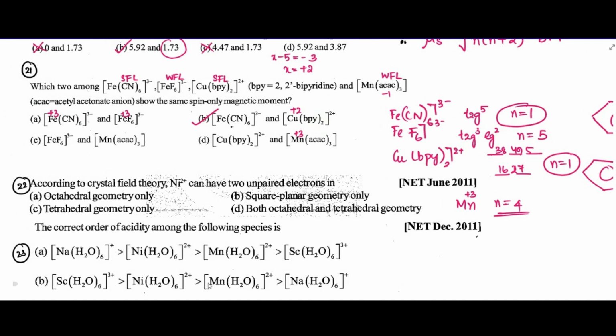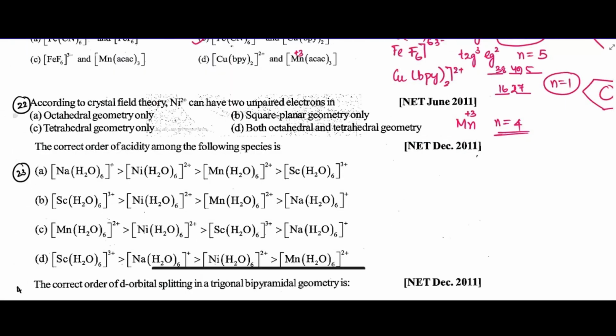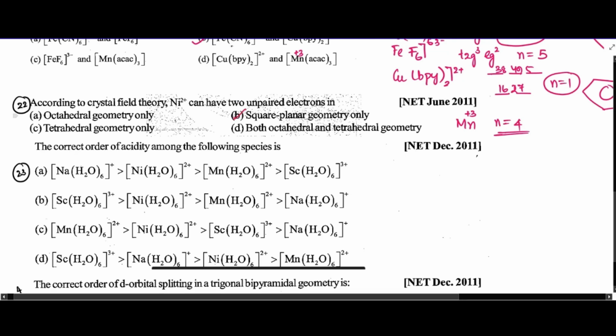Of course, square planar, as we said yesterday, D8 system ന് വെച്ചാൽ എല്ലാവരും paired ആയിരിക്കും. We had drawn it yesterday. There won't be any unpaired electrons, so it's not going to be a square planar geometry at all.